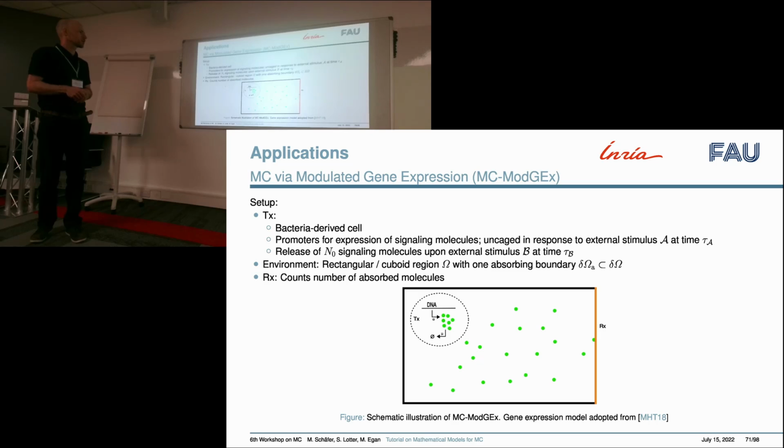From this time on, the signaling particles would diffuse in the environment until at some time they would randomly be observed by the receiver, which in this model would just be an absorbing boundary. Okay, so this is the system model: a bacteria transmitter, then a diffusion channel and a receiver.